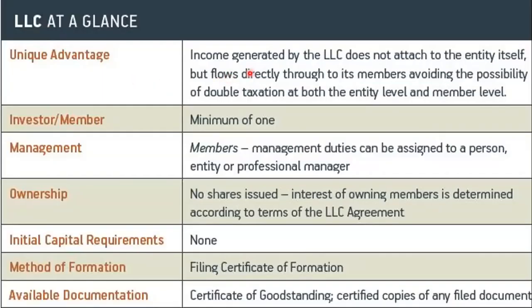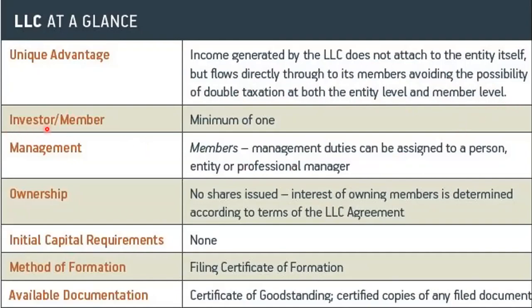Well, income generated by an LLC does not attach to the entity itself, but flows directly through to its members, avoiding the possibility of double taxation at both the entity level and member level. So it means that you have to pay taxes once, not double.